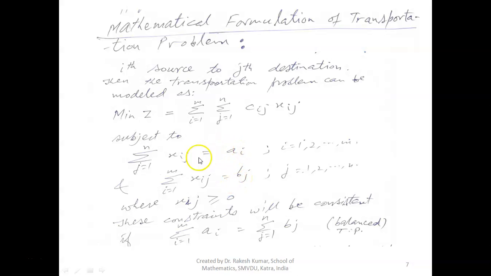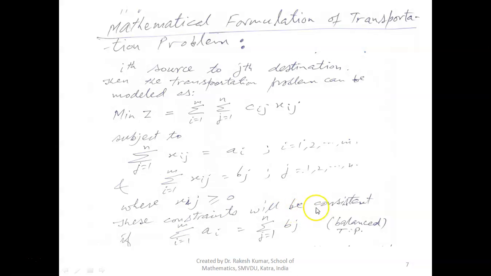We can interpret it in a similar fashion, that at every destination or demand center, the material transported must be equal to the material demanded, that is bj, and where xij is greater than or equal to 0. That is, we cannot transport a negative amount of material.